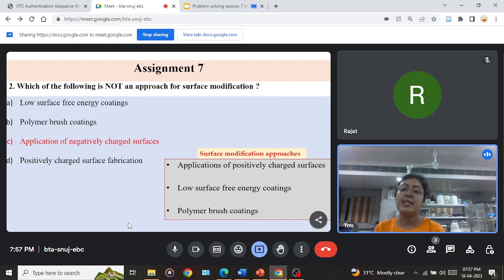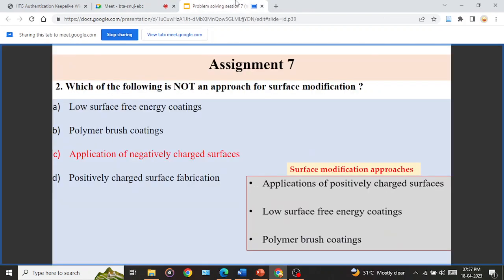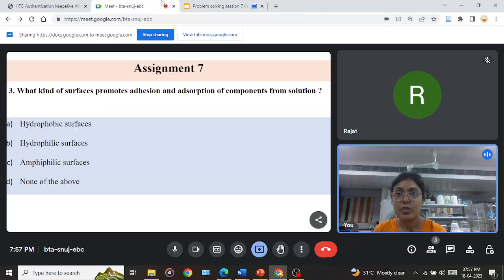So option C, application of negatively charged surfaces, is not an approach for surface modification. Is it fine? So you can move on to the next question if there is no doubt.